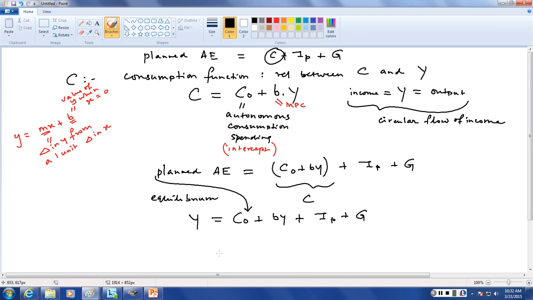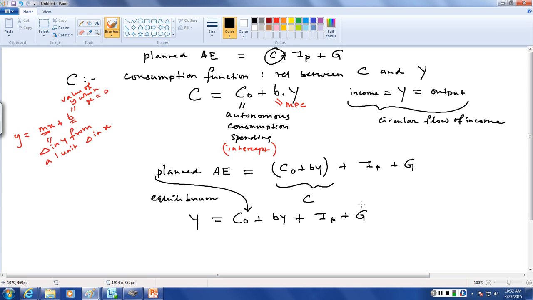Now that may look confusing, but really it isn't. All we're doing is just writing something equal to something in terms of these symbols. That's all. Don't let the symbols faze you. Now in this condition for equilibrium that I've just put down, there are numbers known to the economist, and there are some unknowns. What are the numbers known to the economist?